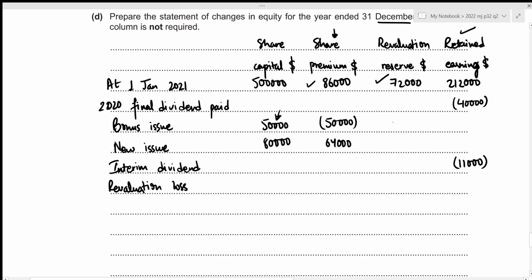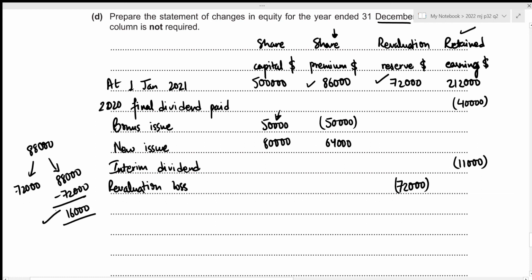And we cannot have a reserve with a negative balance, which means that we can only subtract 72,000 from revaluation reserve, but we need to subtract the total of 88,000. And out of 88,000, we have already subtracted 72,000, which means that now the remaining amount is 88,000 minus 72,000, which results in 16,000.